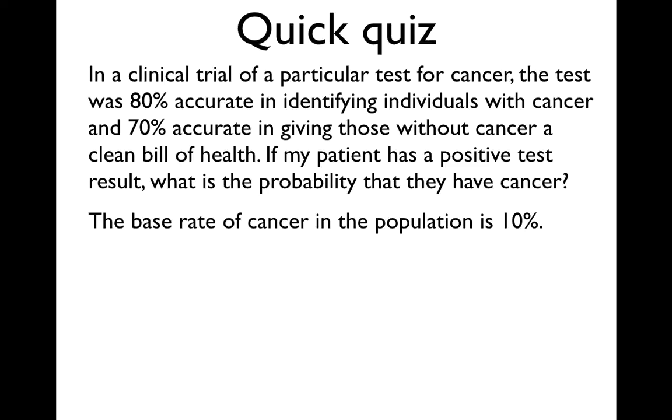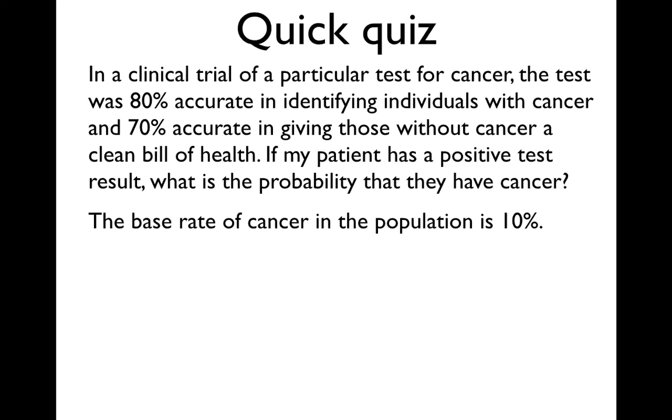So physicians under-rely on the base rate information. If you think of the base rate as a starting point, physicians move away from it too far, and they should stick closer to the base rate.